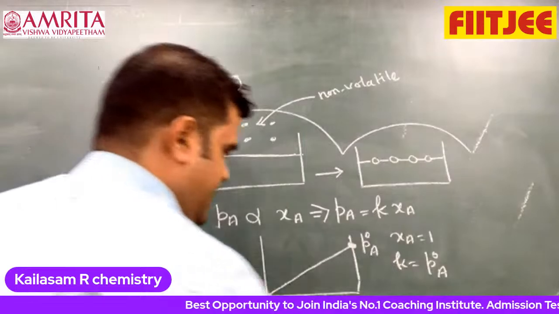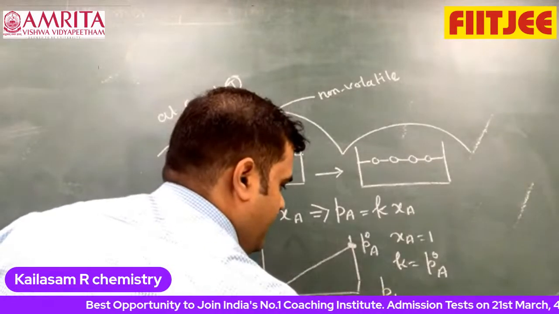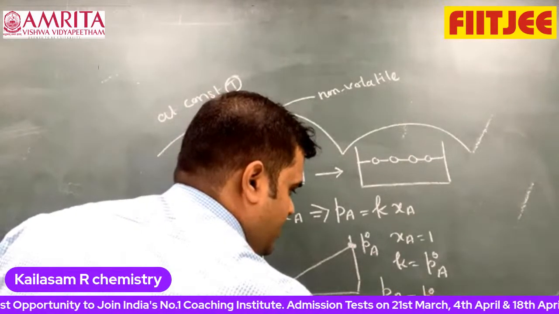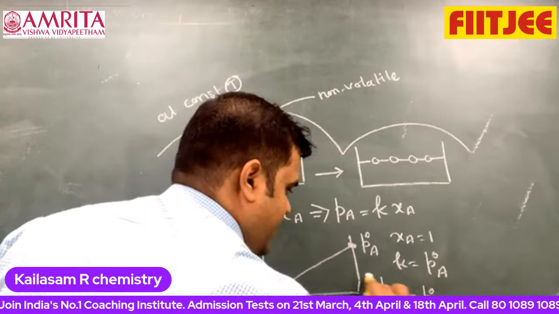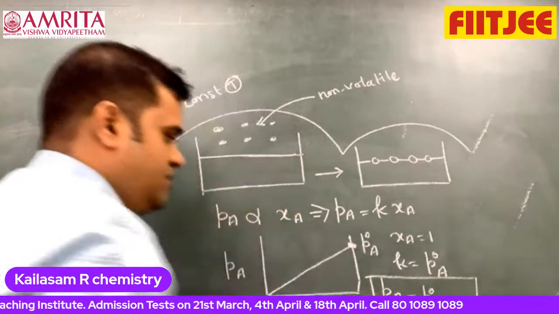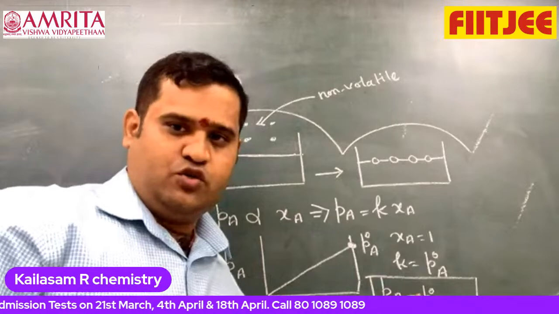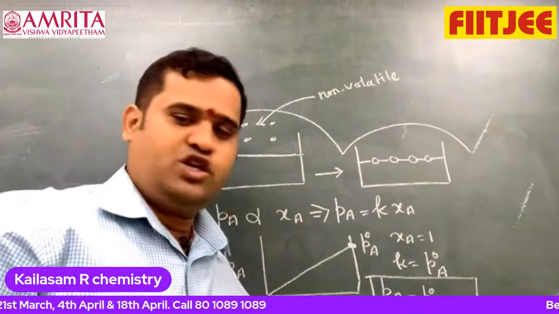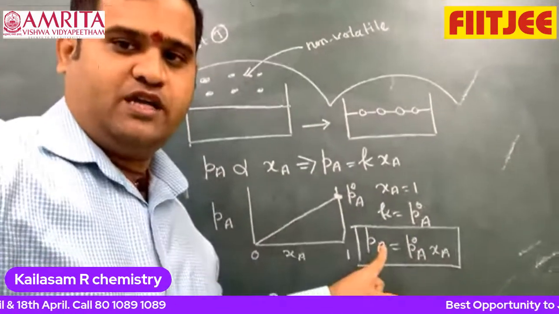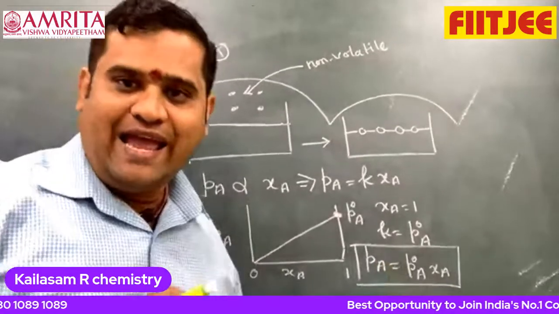So PA equals P0A into XA. That means the vapor pressure of the solution equals the vapor pressure of pure solvent A into the mole fraction of solvent A.